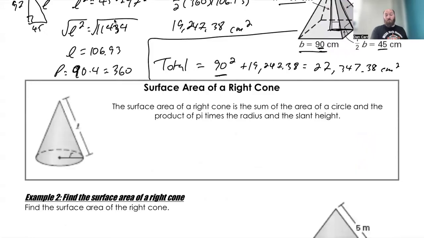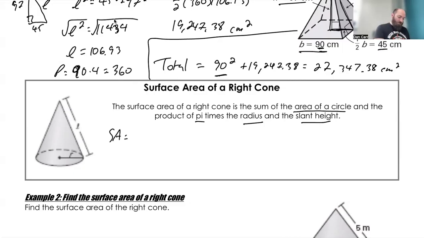When we do a cone, just like we do with cylinders, it is actually the same thing. Surface area of a right cone is the sum of the area of the base, which in this case is a circle, and the product of pi times the radius and the slant height. Okay, here's why it's the same thing.